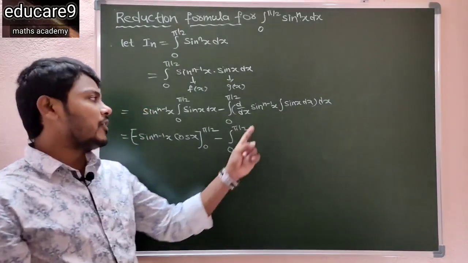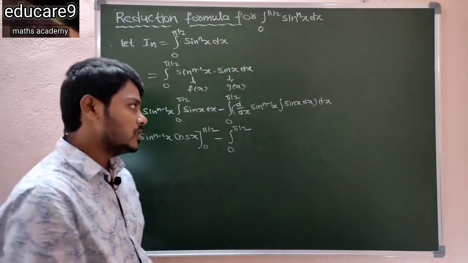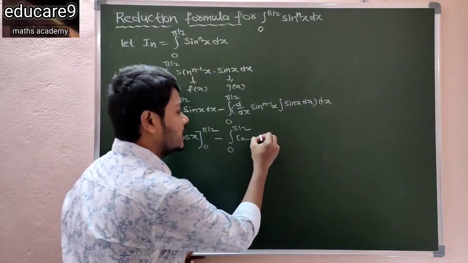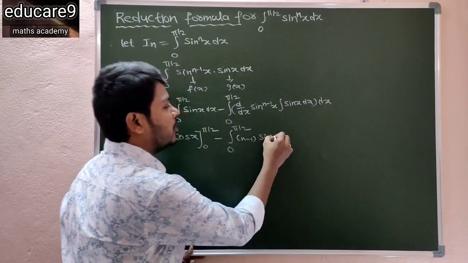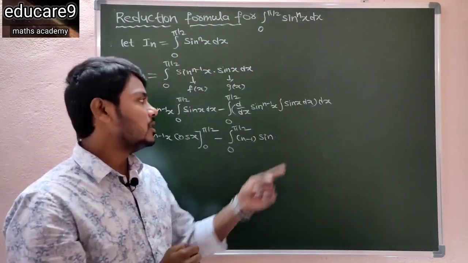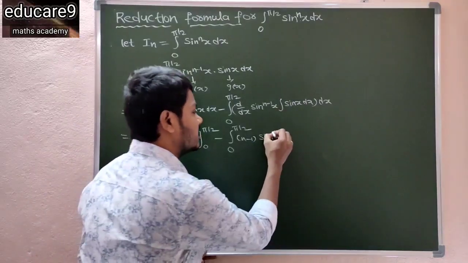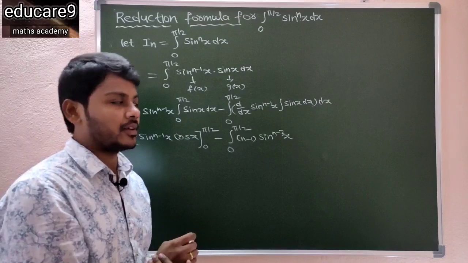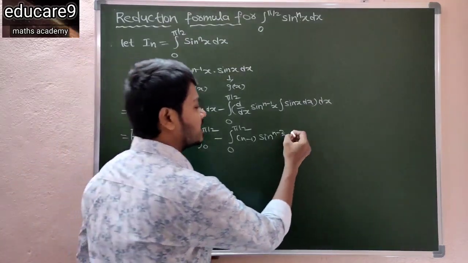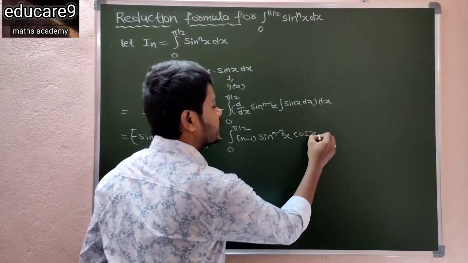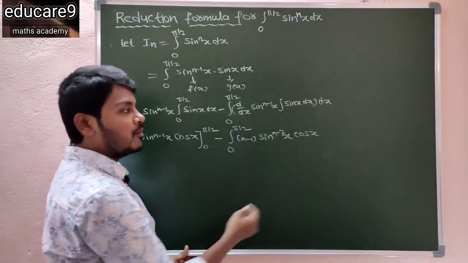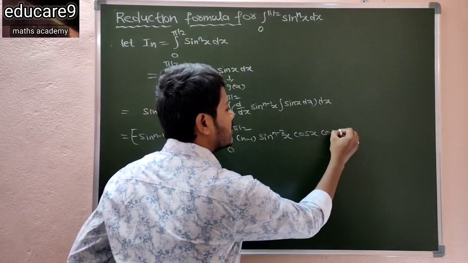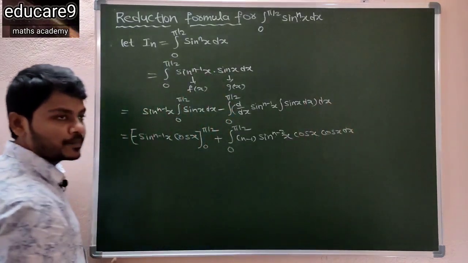The derivative of f of x whole to the power of n is n into f of x whole to the power n minus 1, so we will get n minus 1 into sin power n minus 2 x into the derivative of f of x. Clearly the derivative of sin x is cos x, and the integration of sin x is minus cos x. So minus into minus gives plus cos x dx.